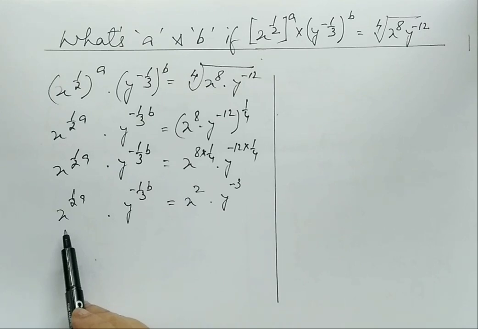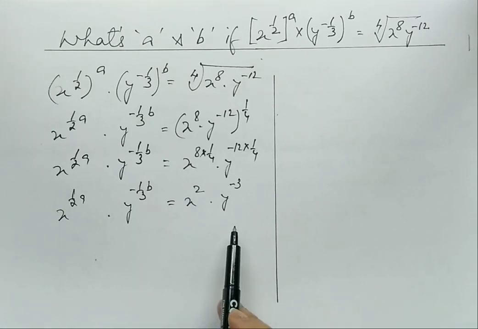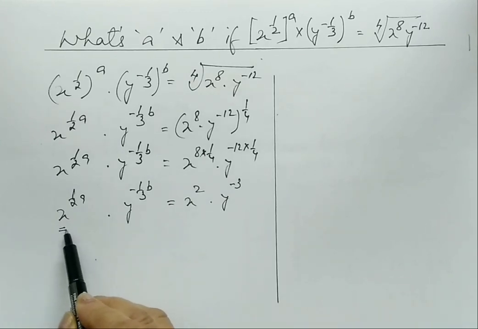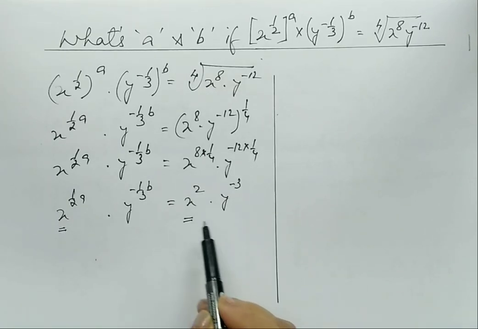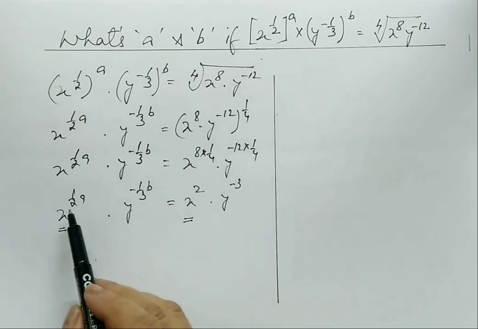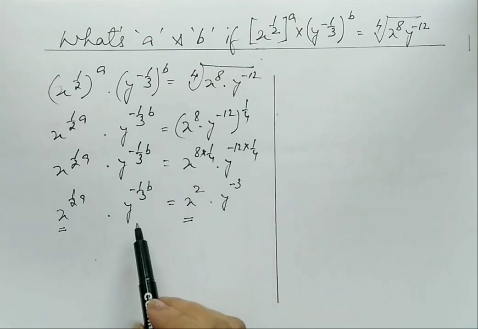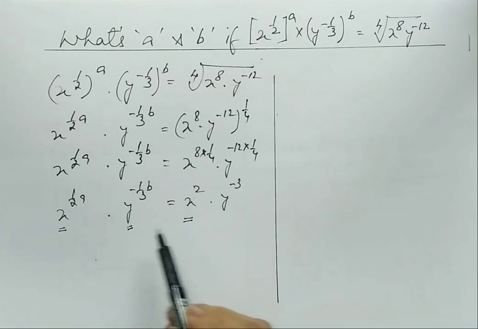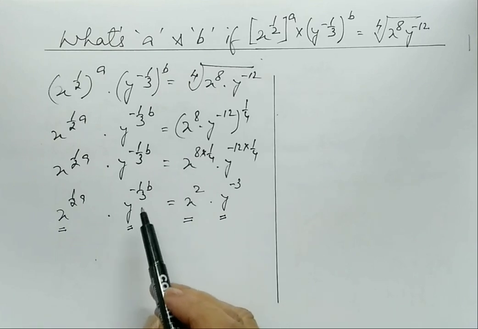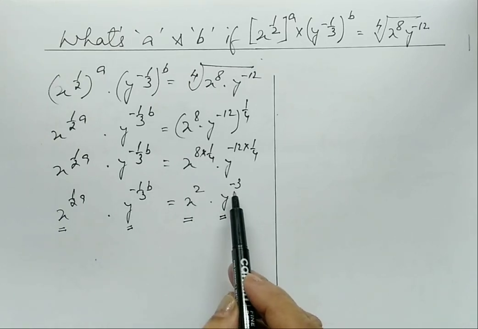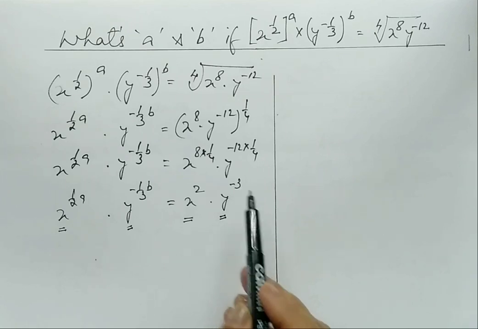The situation is, whenever we have something like this, and since this is the base, and here too we have an x, it means we need to compare the powers. Alright, and for y we do the same. So minus 1 by 3b will be equal to minus 3.